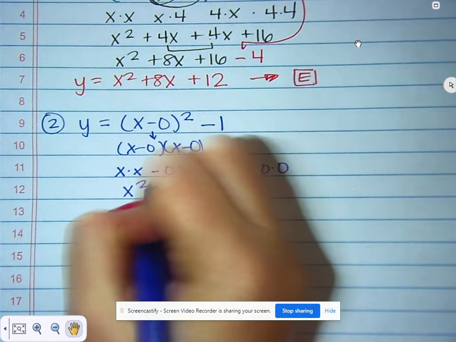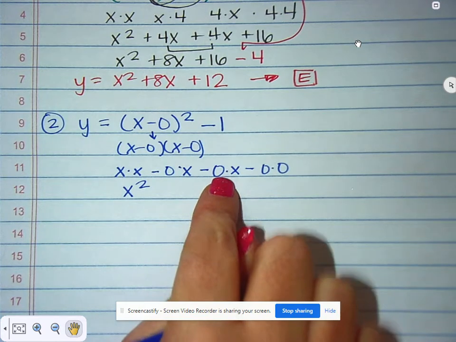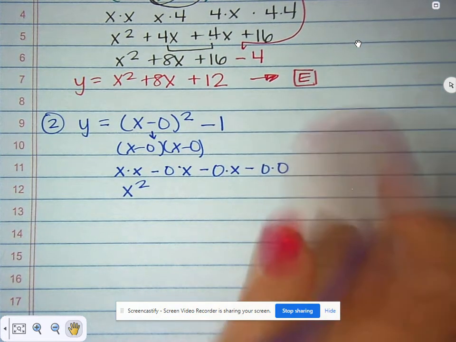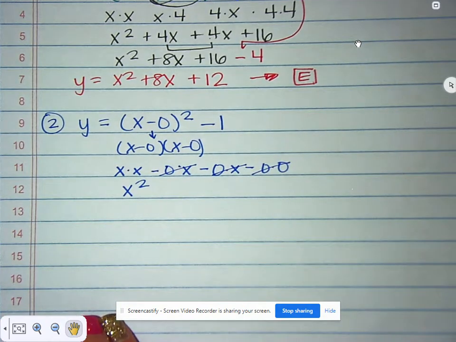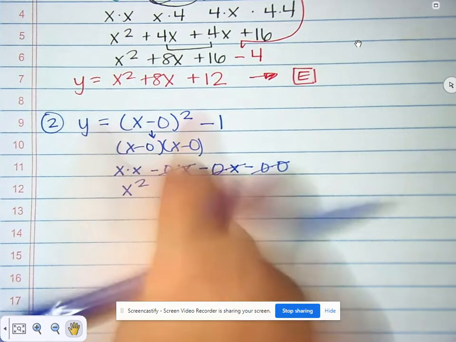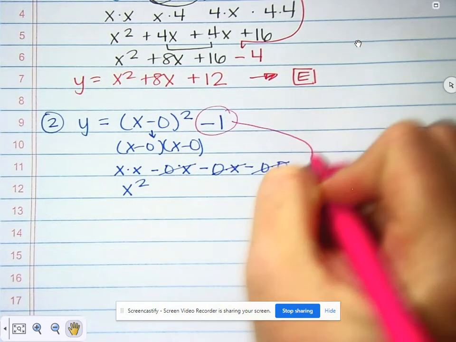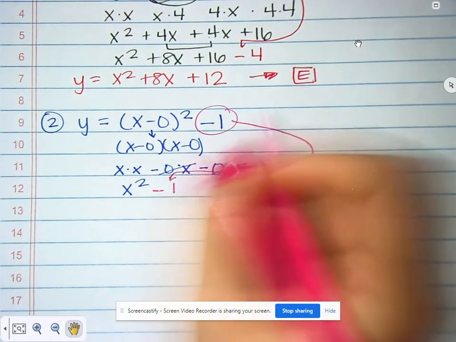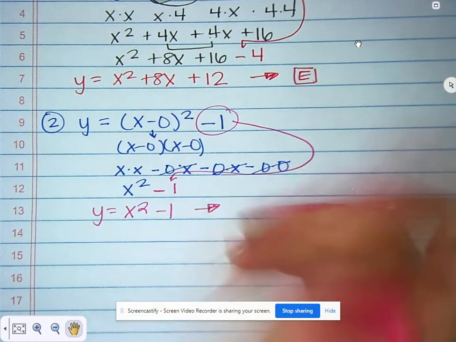Okay, so that gives me x squared. What's 0 times x? 0. What's 0 times x? What's 0 times 0? So all of those basically don't exist. Does everybody understand that? They're all zeros. So this just turned into x squared. And then again, I'm going to bring down this minus 1. So I'm looking for y equals x squared minus 1.